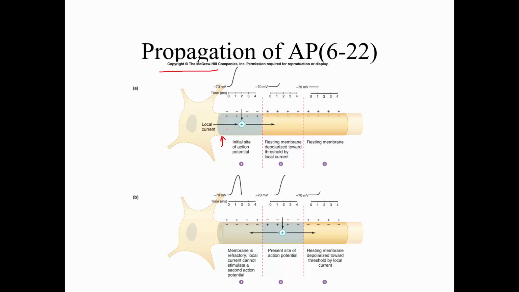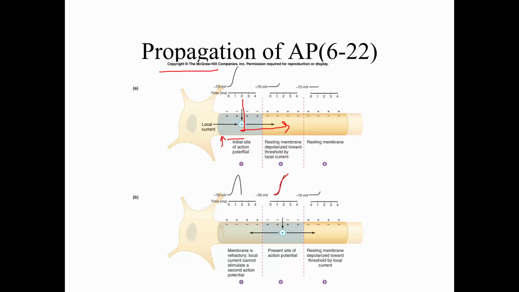There's the trigger zone. You get a threshold level stimulus, you open up your voltage-gated sodium channels. Sodium current goes in, and it's going to travel down the axon. This is already depolarized. That's going to repel positive current. Positive current is going to go to where it's negative. Then you bring this area of membrane to threshold, and then you have the action potential in this next segment.